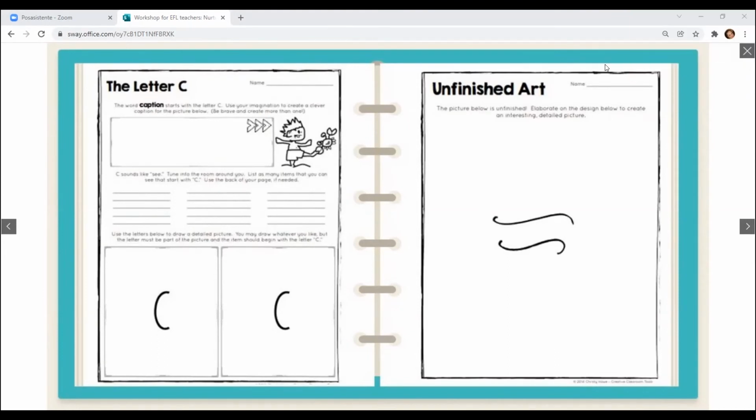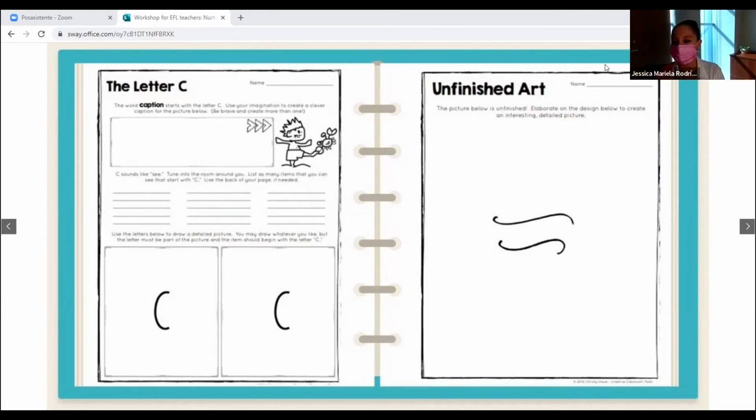Any other example? We want to see how creative you are, teachers. Come on, come on, come on. We're about to finish. Let me see, people. Carolina, do you have something to share?